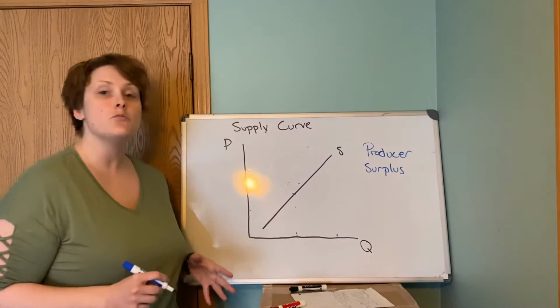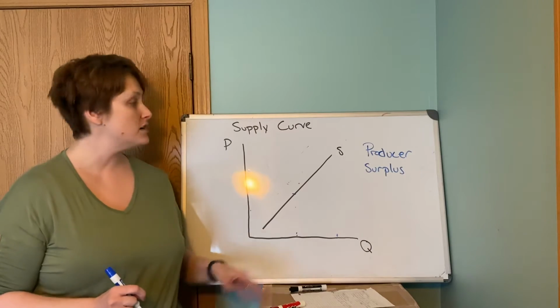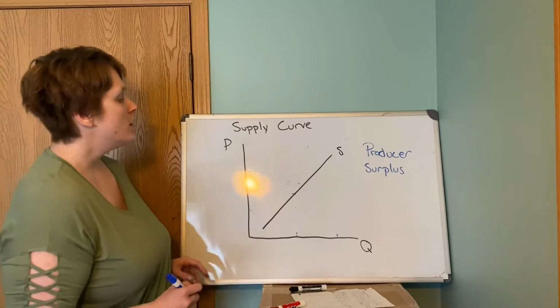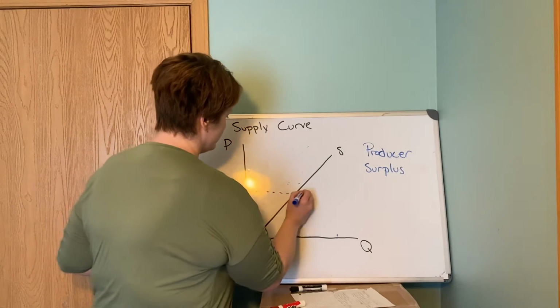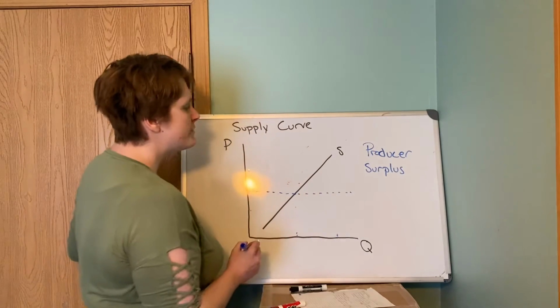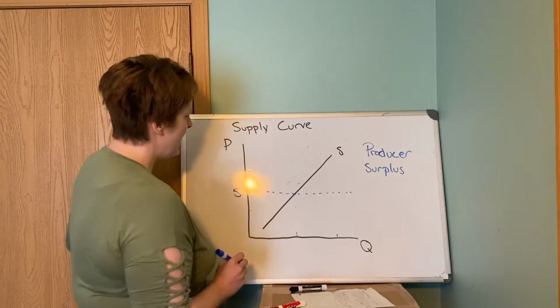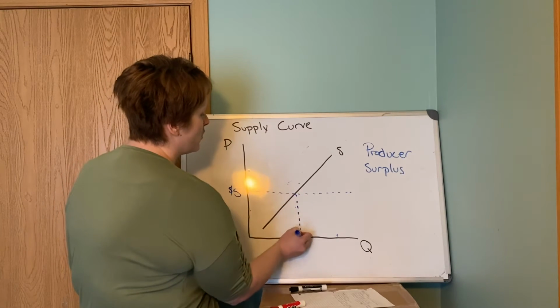Just the same way as demanders want to maximize their consumer surplus, producers want to maximize producer surplus. So let's assume that we have a market price, and let's assume that market price is $5. And at a price of $5, let's assume that we have a quantity of 10.